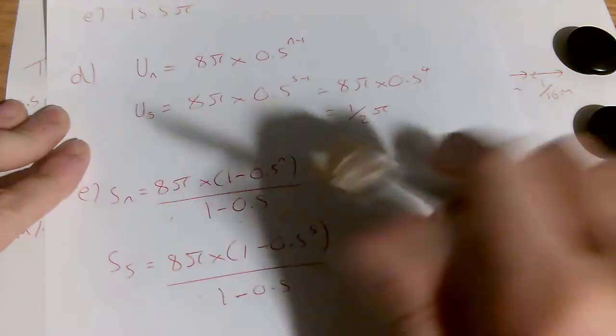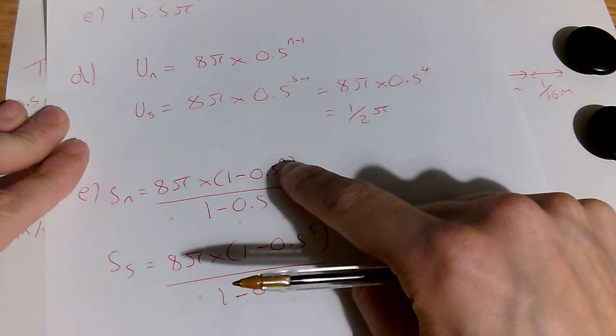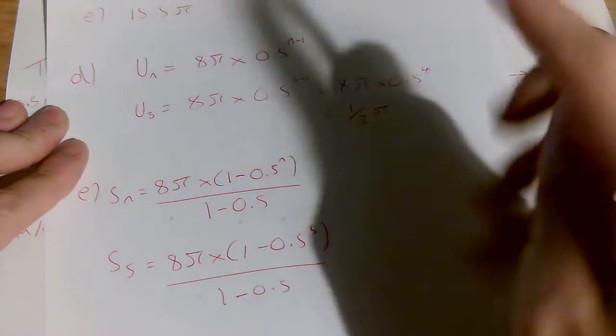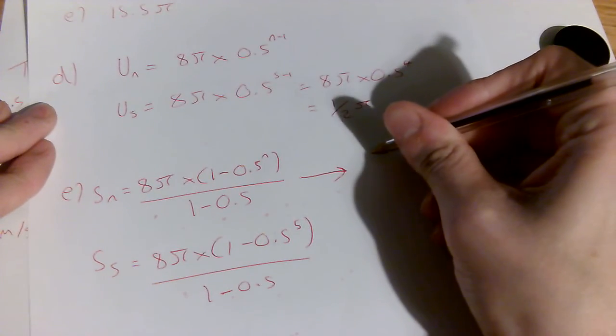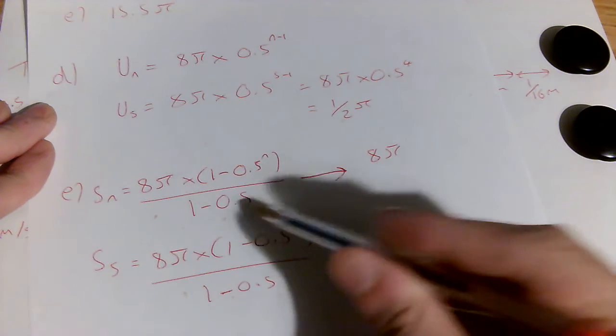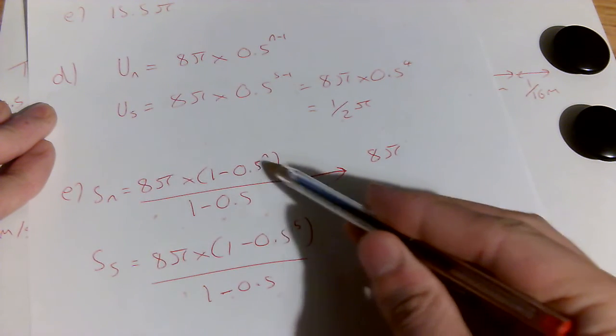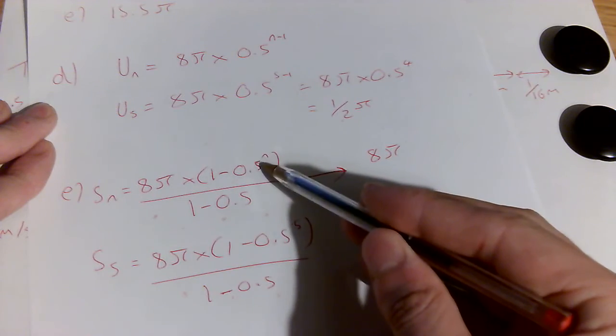If you look at this, if you increase this number n to infinity, it gets bigger and bigger and bigger, what actually happens there? Well, you get 8 pi times 1 minus, well, 0.5 times itself an infinite number of times. It's going to get closer and closer to nothing.